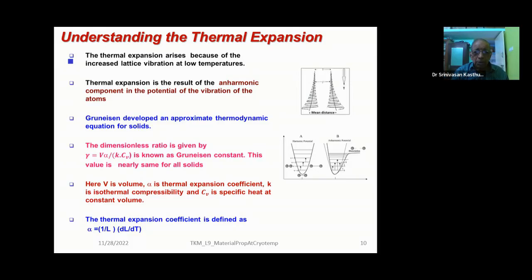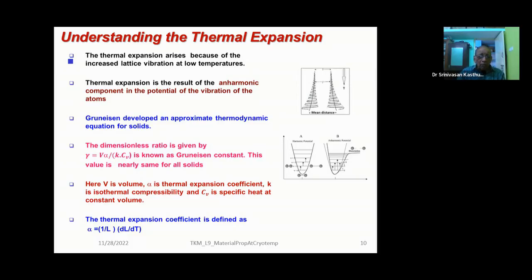And normally, because of the thermal energy, the atoms keep on fluctuating around their mean position. This is what is called lattice vibration. The atoms move about their mean point. Now, this vibration of the atoms depends on the temperature. The higher the temperature, the more the vibration.